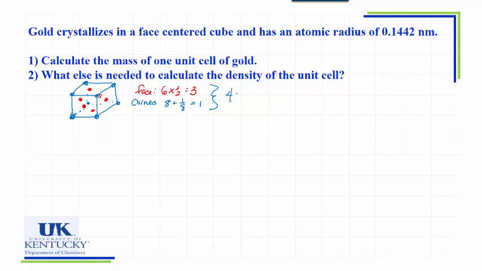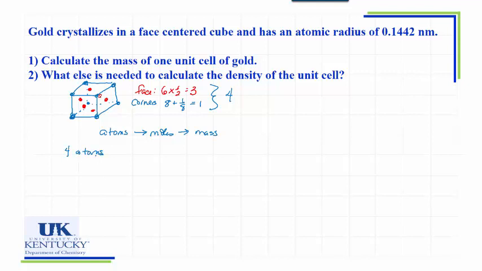Now we want to know the mass of 1 unit cell. And if we venture way back to the first part of General Chemistry 1, we learned how to get to mass from moles, and we learned how to get to moles from atoms. Those are conversions that we learned how to do. So we will start with our 4 atoms.